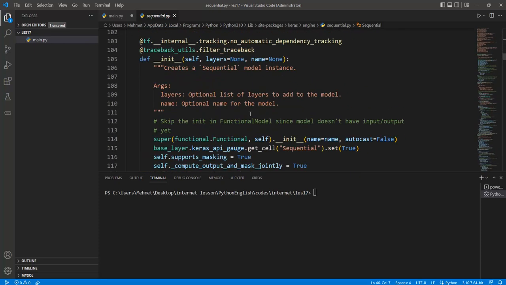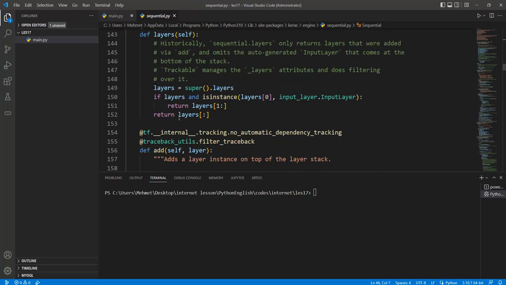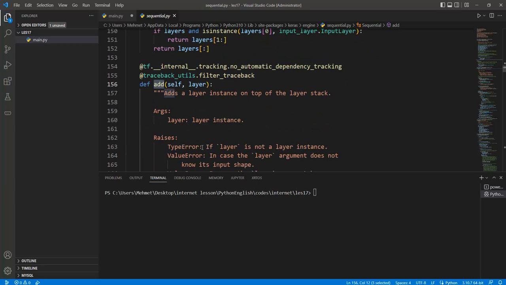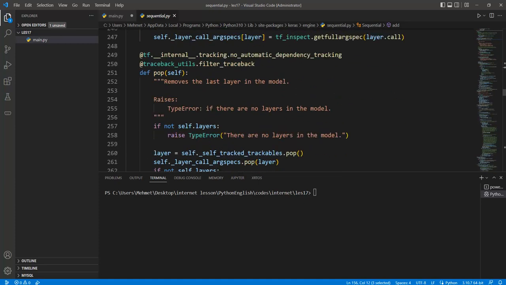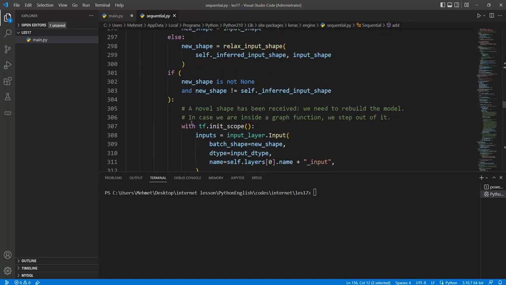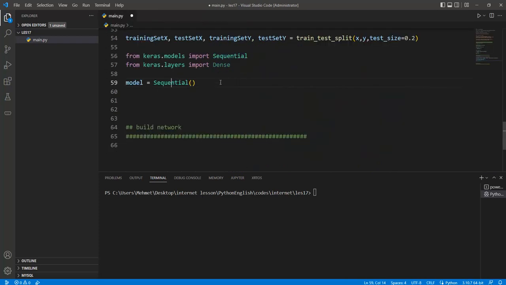In here we have some functions like add or pop. Every class has its own functions related to building your neural network.